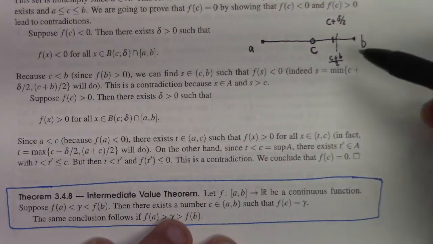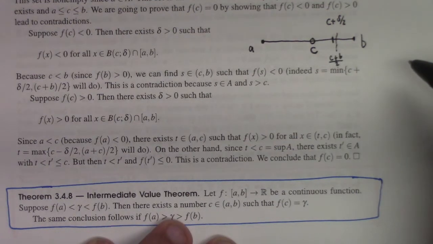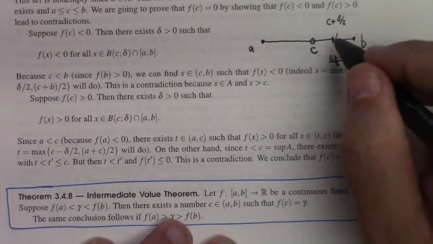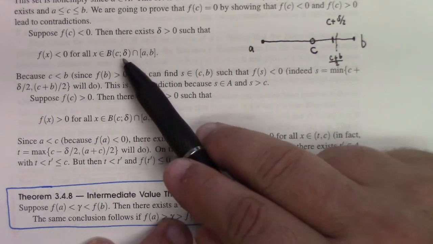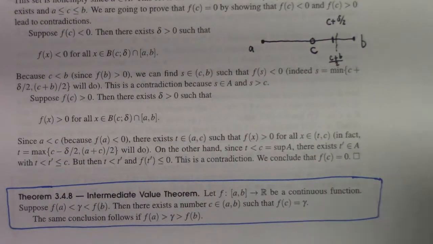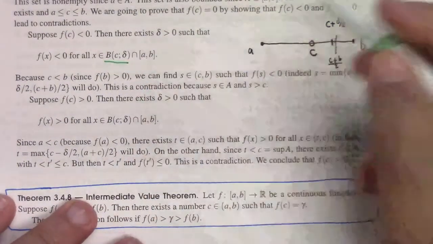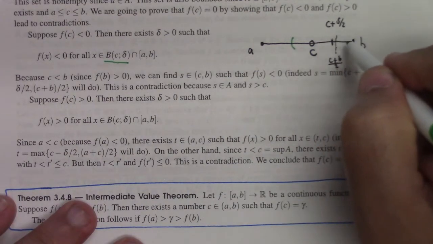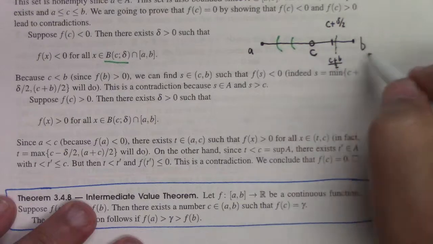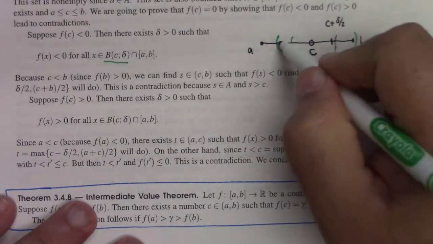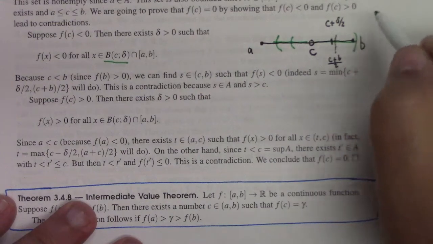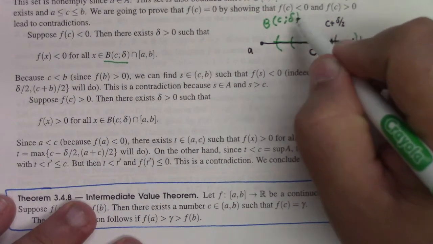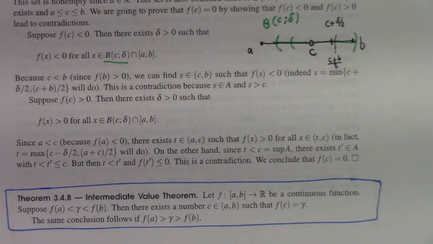So I think there are cases to think about, like what happens if c gets, I suppose c could be, I don't know, c plus delta, something like this, right? Now I've put my delta over 2 there, so fine. I guess it's like this. That could be the ball centered at c of radius delta, right? It could extend past b in principle, I suppose.